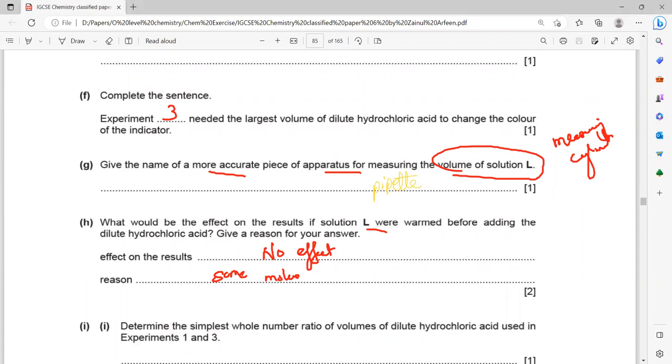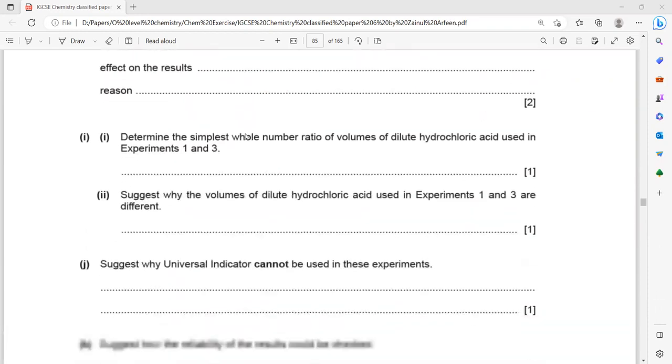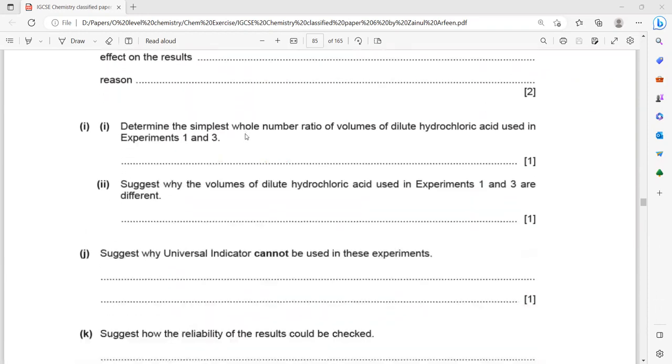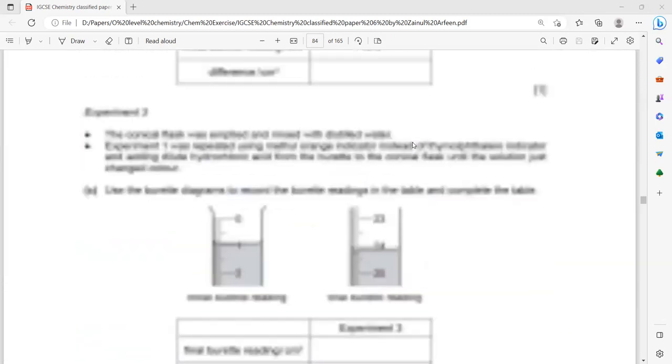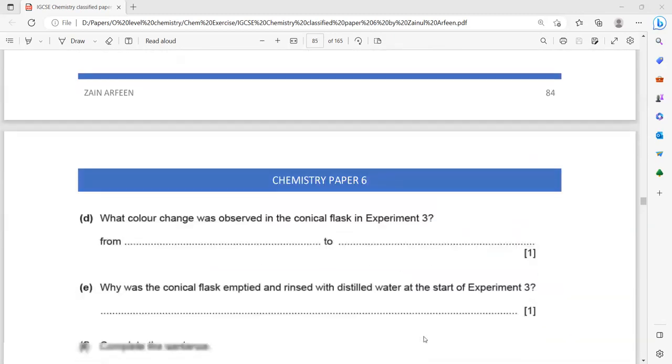Then the next one, determine the simplest ratio of the volume of hydrochloric acid used in experiment 1 and 3. So experiment 1, how much did we use? That was 11.6.